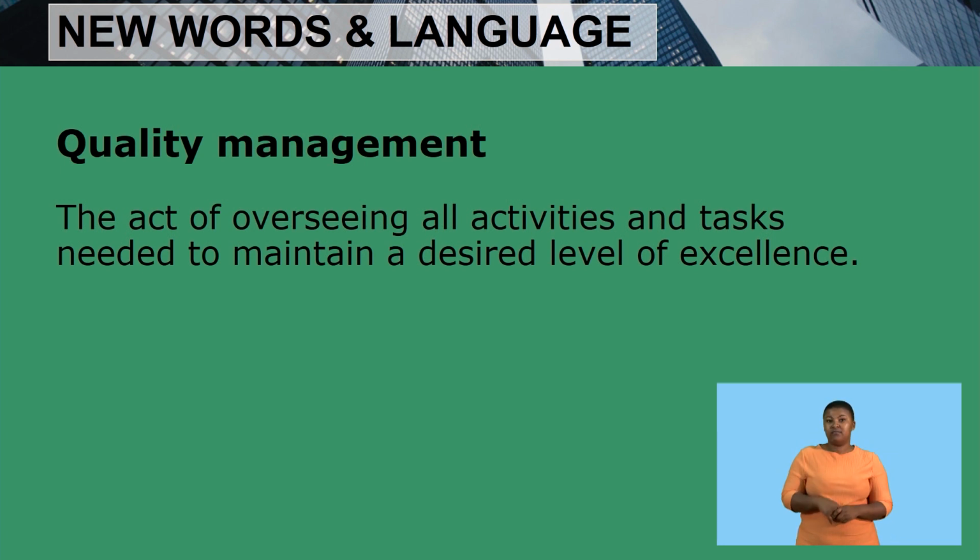So quality management means we are overseeing the tasks, everything that is done in the business, and we are checking to see if those tasks are meeting certain desired levels of excellence. So we have set standards and we are checking the work that is done to see if it meets these desired standards.